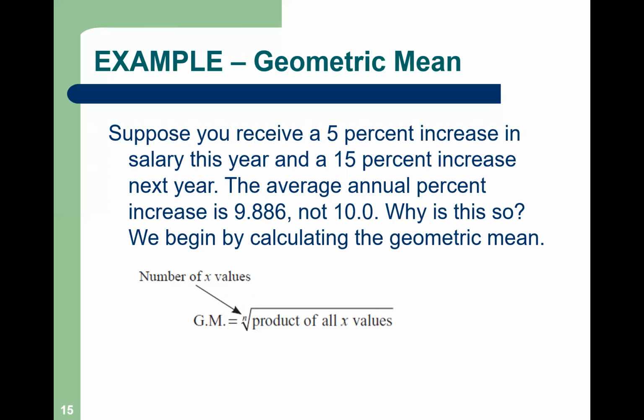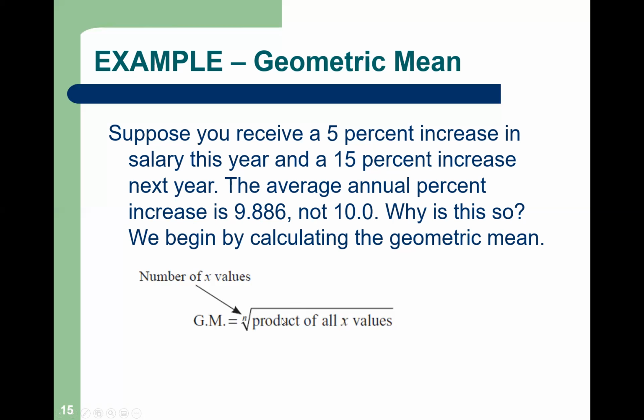Look, if we measure the arithmetic mean, how would we calculate? 5 plus 15 is 20, divided by 2. This would be 10. So the arithmetic mean says the average increase is 10, but the geometric mean says the average annual increase is 9.886.